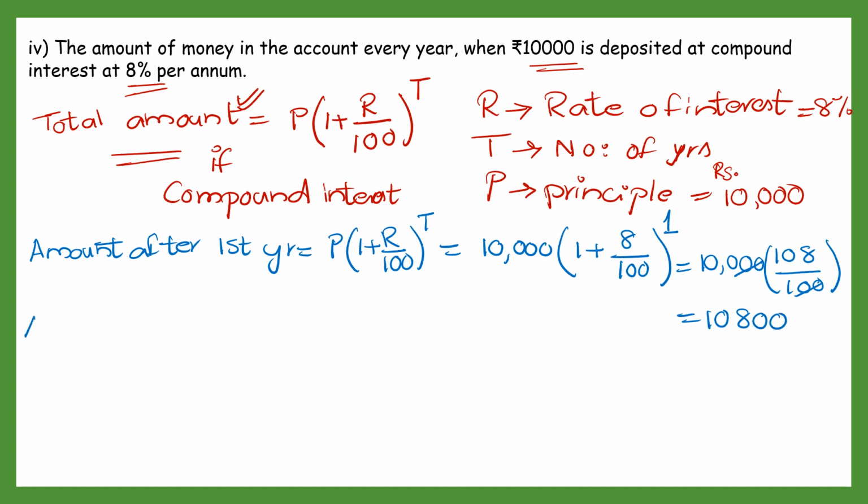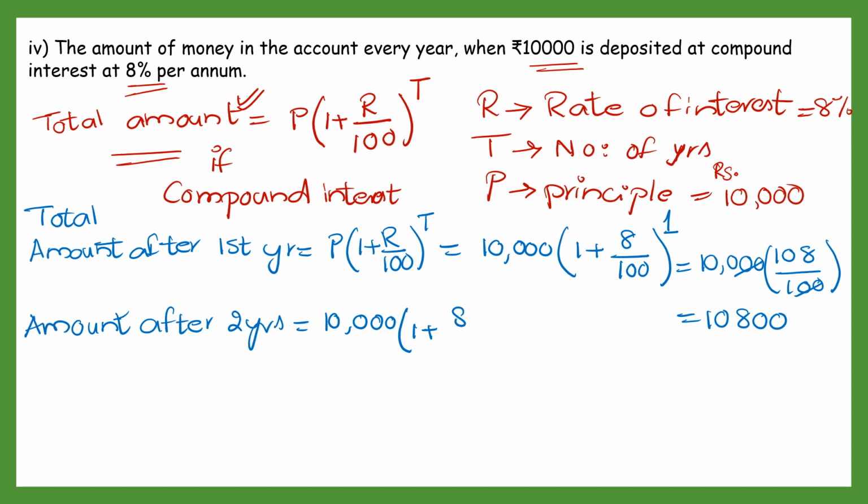Now the total amount after 2 years. Principal is 10,000 into 1 plus 8 by 100, and now for 2 years, whole power 2.